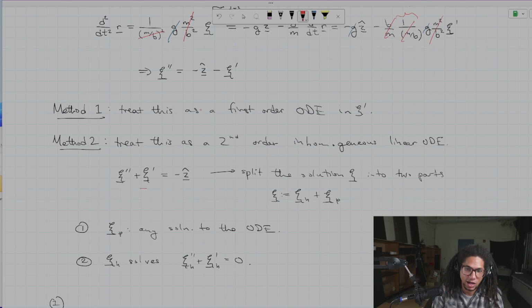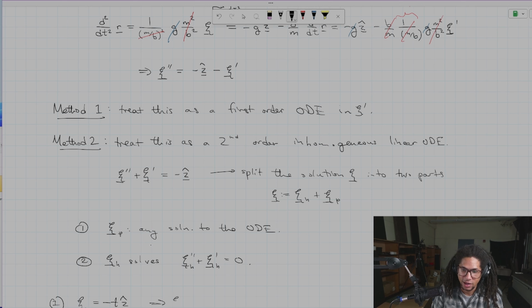So it looks like a linear function would work here. So what if I say C_P is equal to minus t z hat, and I just try that out.